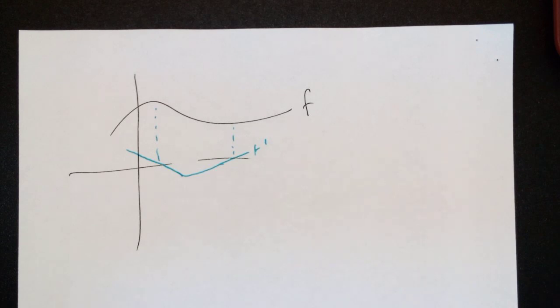So I take the derivative and do what with it? Make it equal to 0. And then I figure out what the x is. I don't need the y. I just need the x values. That problem said, what x values? So all I care about is the x values.